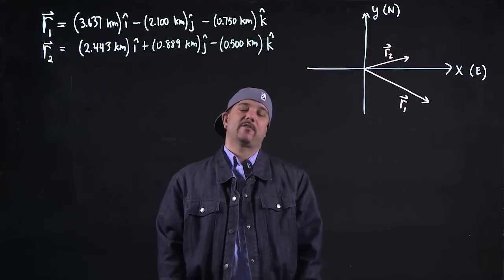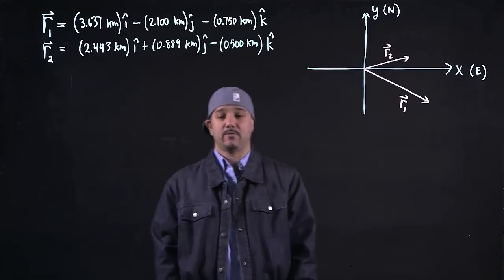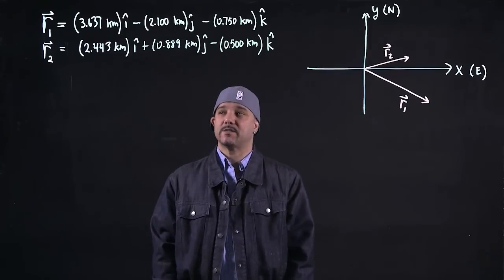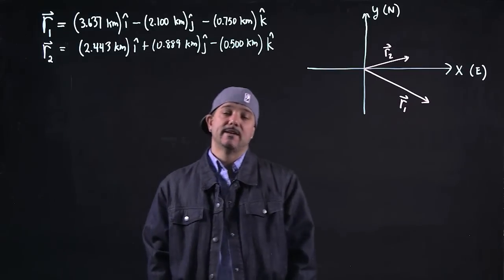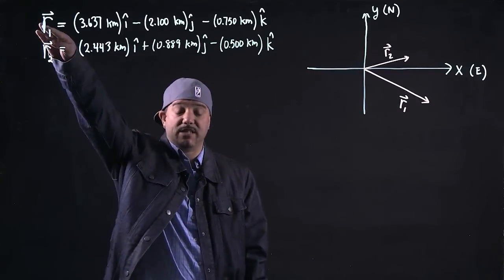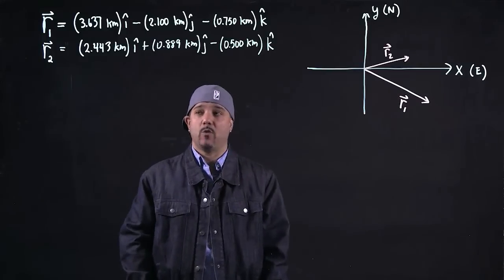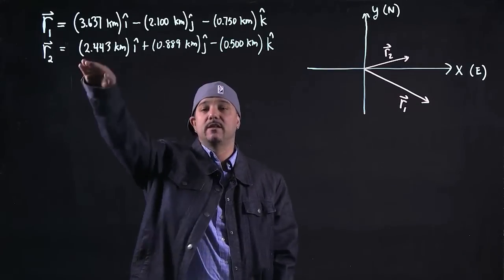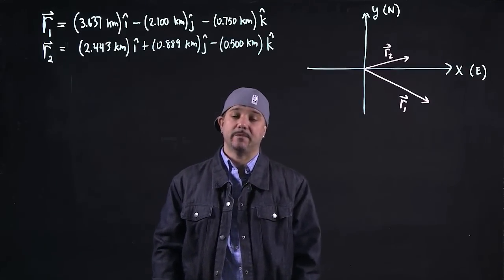Okay, we're continuing our example of computing a displacement vector in 3 dimensions. In this problem, a biologist is tracking the location of a whale, and we calculated the position vector in Cartesian coordinates for the whale at time 1, and this is the Cartesian representation of the position vector for the whale at time 2.